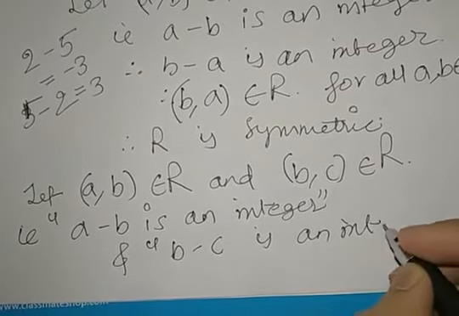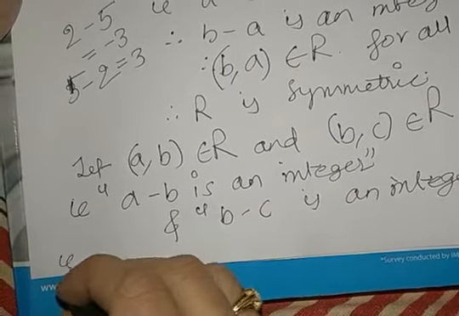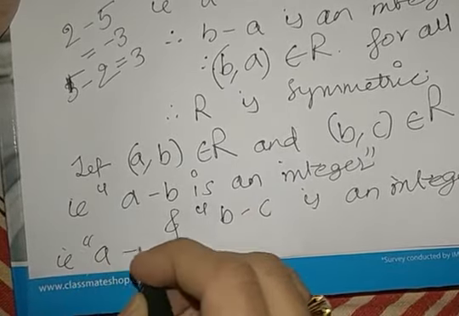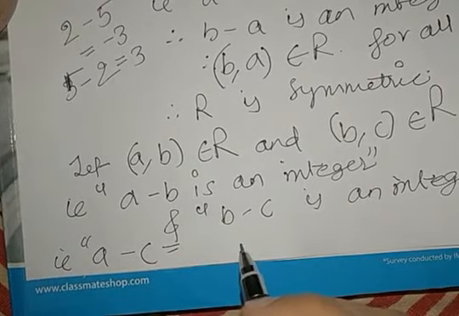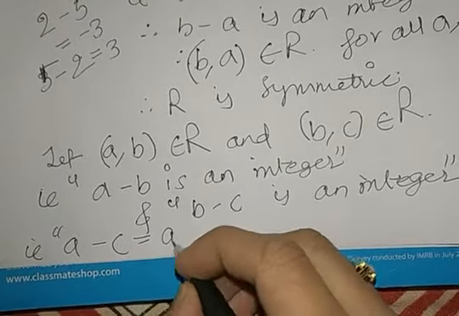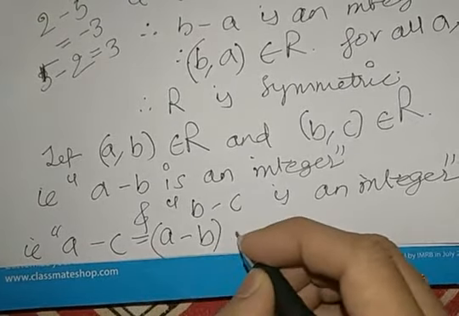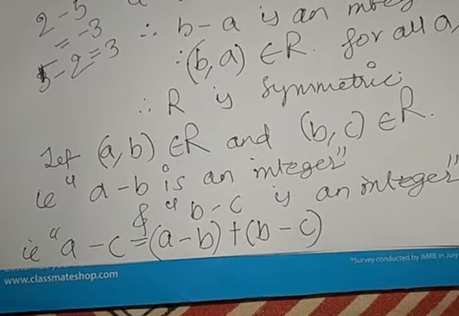Now if you look at the difference a minus c, how can we write it? We can add these two, a minus b and b minus c.